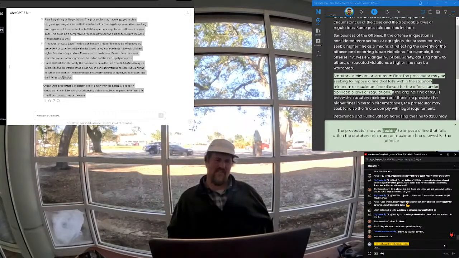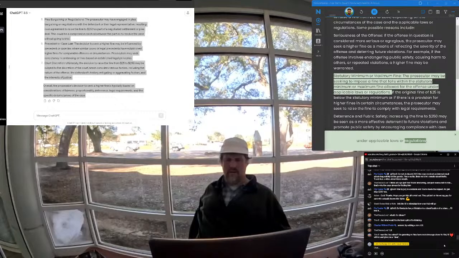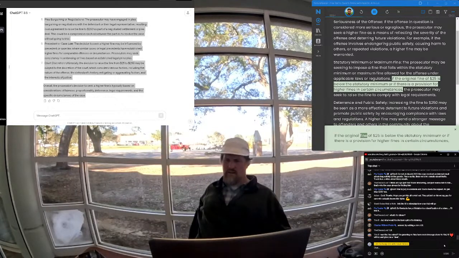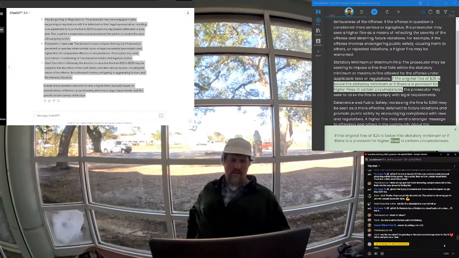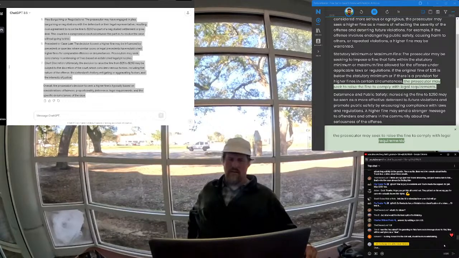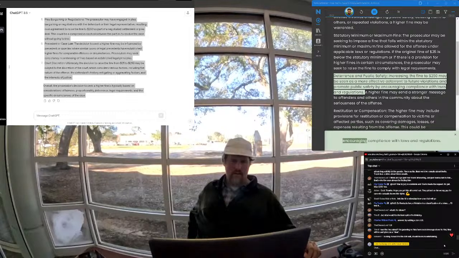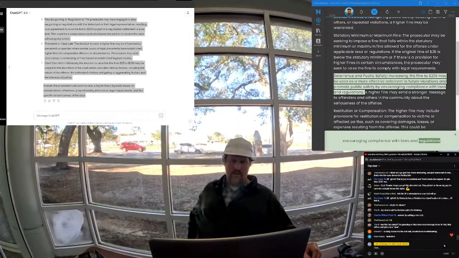The prosecutor may be seeking to impose a fine that falls within the statutory minimum or maximum fine allowed for the offense under applicable laws or regulations. If the original fine of $25 is below the statutory minimum, or if there is a provision for higher fines in certain circumstances, the prosecutor may seek to raise the fine to comply with legal requirements. Deterrence and public safety. Increasing the fine to $250 may be seen as a more effective deterrent to future violations and promote public safety by encouraging compliance with laws and regulations.